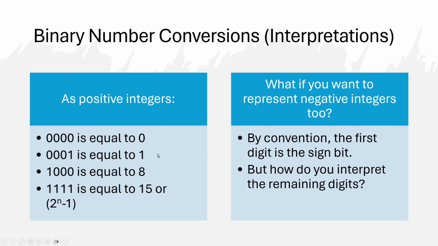For example, 1111 would be a negative number if you're going to use that convention. But how would you interpret the remaining digits? Would this be equal to 1, or is it equal to something else? Well, we're going to cover that in a few moments when we get to it on another slide.